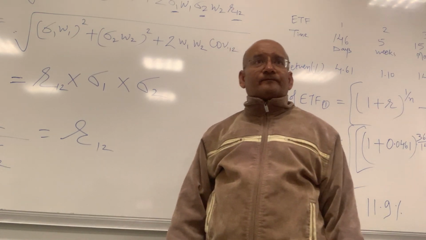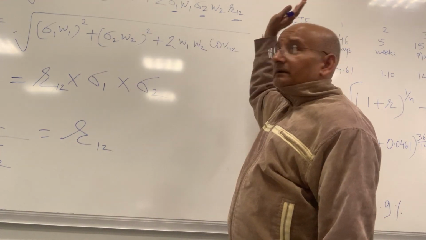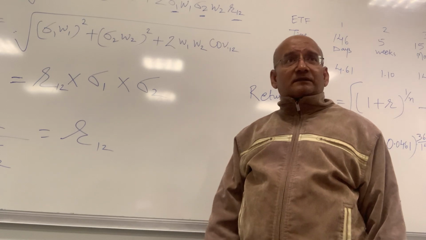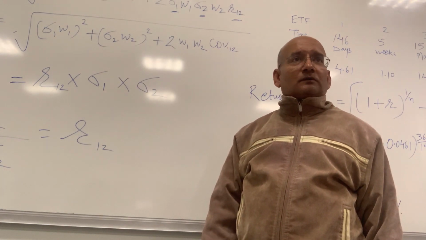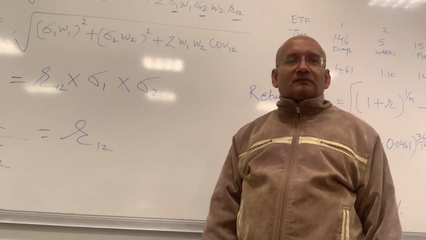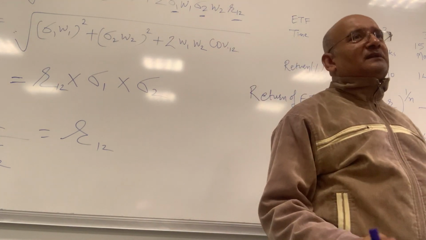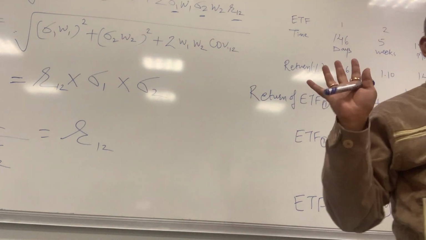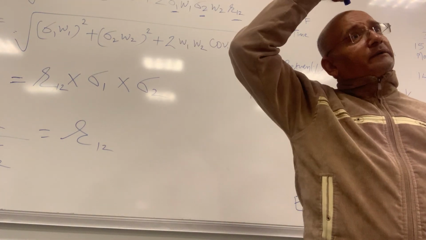What to do if you have 3, 4, 5 assets? This formula goes until n. Is there a shortcut? There is no shortcut. Mathematically it is there, but so far as academic purpose, we have only two securities like this. But it goes until 3, 4 and n.